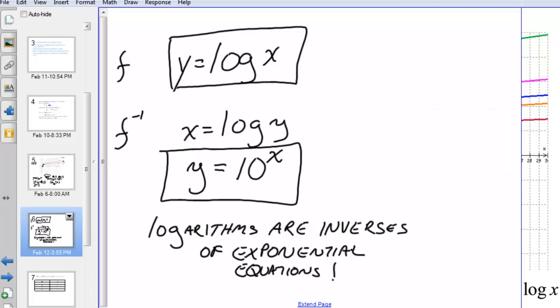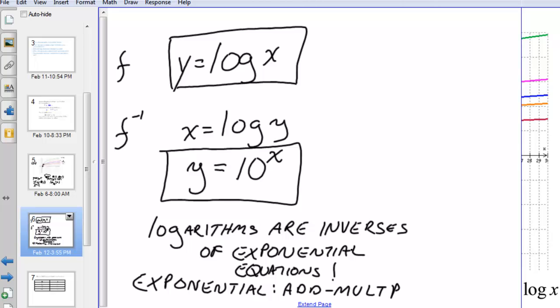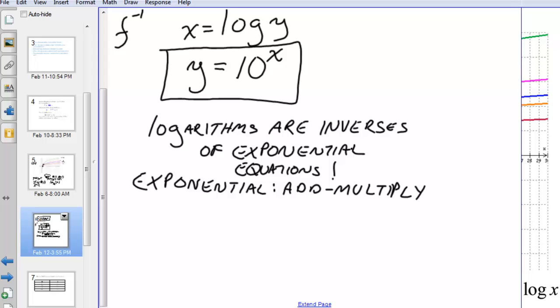Since we now know that logarithms are inverses of exponential equations, and we know that exponential equations have an add-multiply pattern, what do you think the pattern will be for a logarithmic equation?